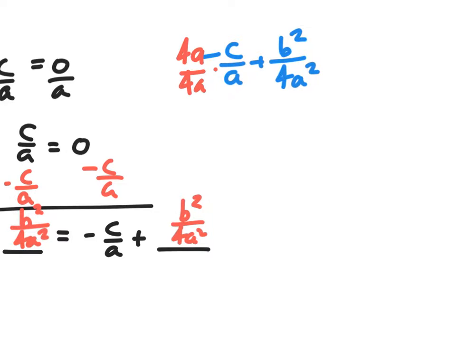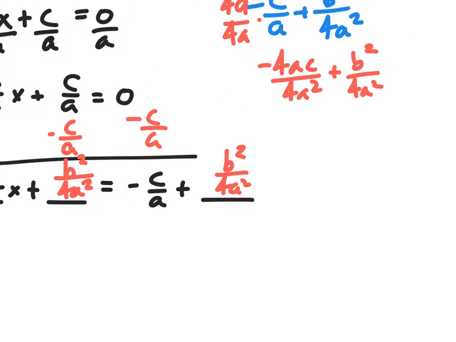Then this gives me minus 4ac all over 4a squared plus b squared over 4a squared. If I combine these as one number, I get b squared minus 4ac all over 4a squared.